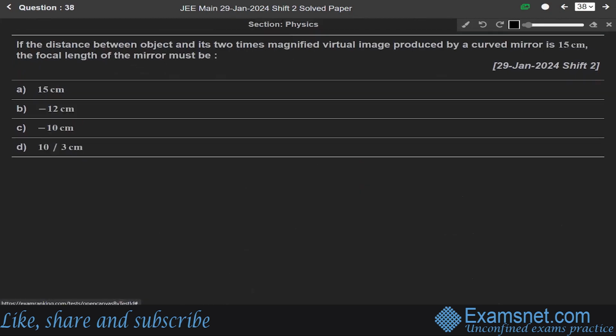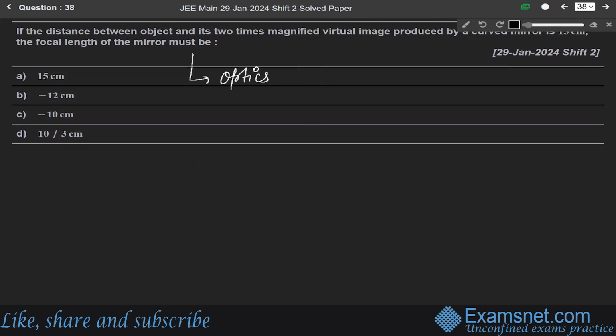Now question 38. According to this question, if the distance between an object and its 2-time magnified virtual image produced by a curved mirror is 15 centimeter, we have to find the focal length of the mirror. So this question is from the chapter of optics.